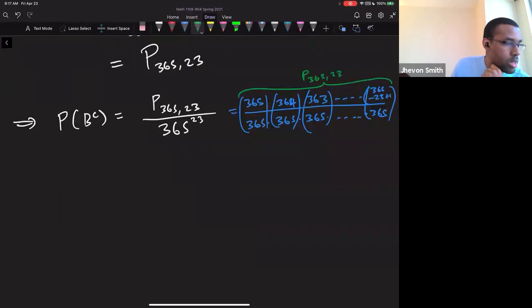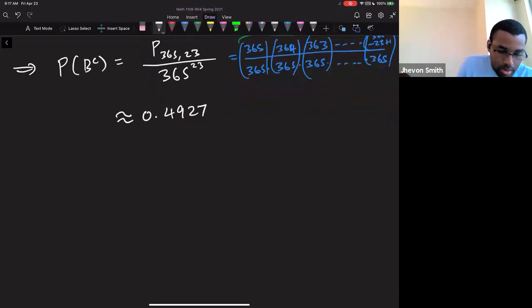And it turns out this is roughly 0.4927. That's the probability of not having the same birthday, which means the probability of having the same birthday is 1 minus 0.4927.